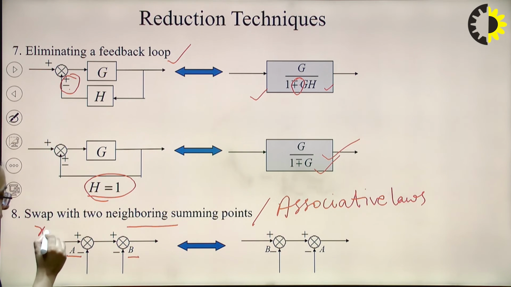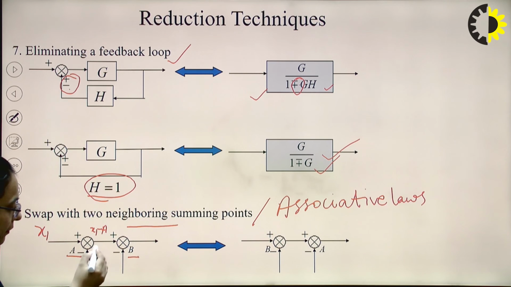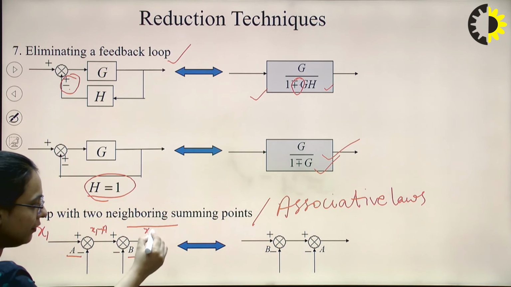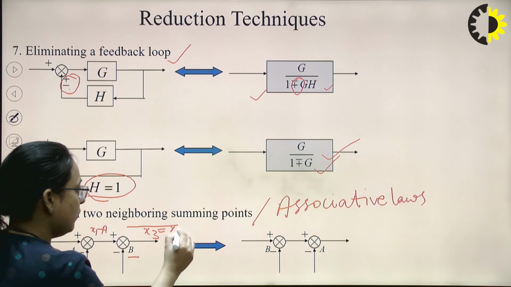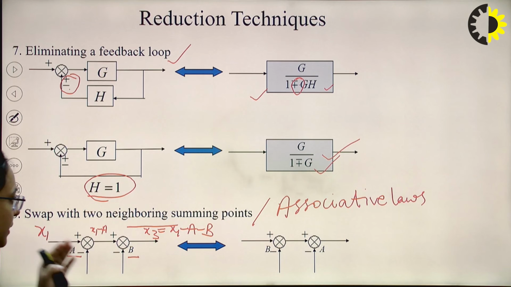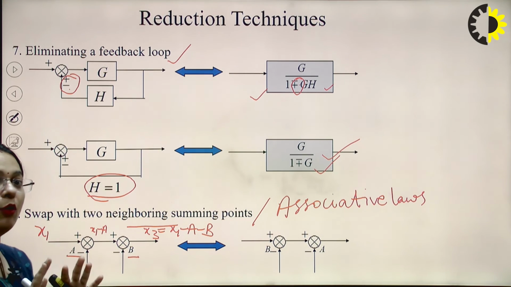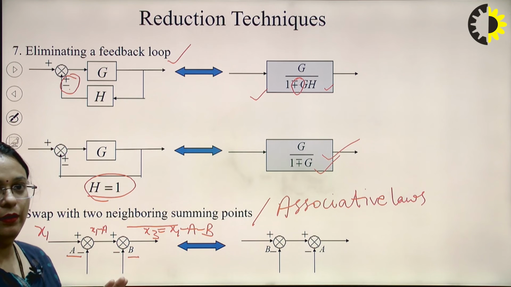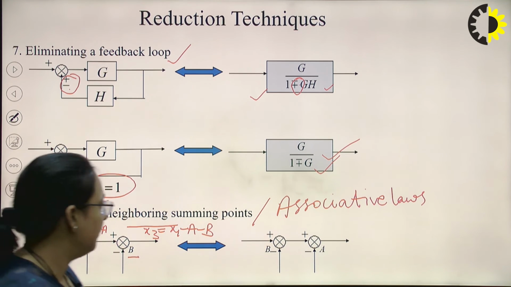Let's say this is the input x1, then here we get x1 minus a. Then x3 will be equal to x1 minus a minus b. Now the associative law says we can swap these two neighboring summing points so that the output does not get altered, and we can easily simplify our system.